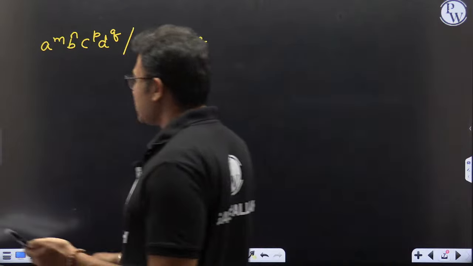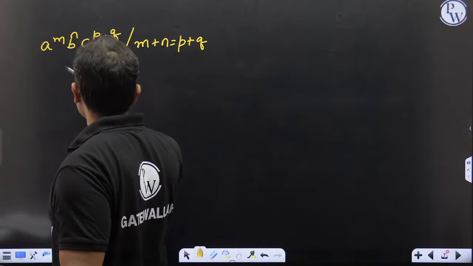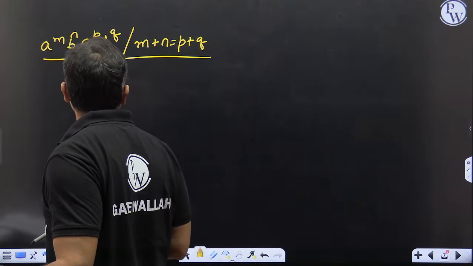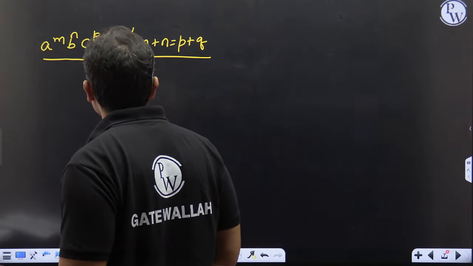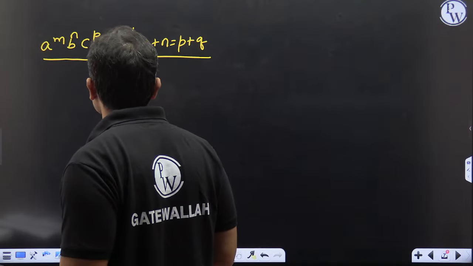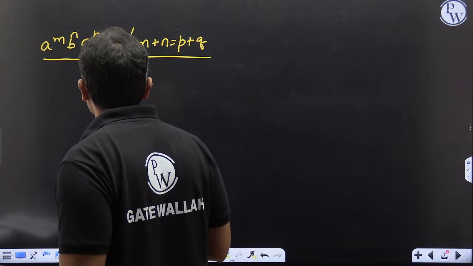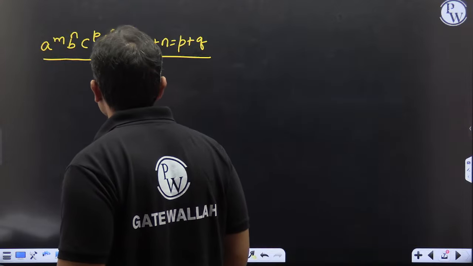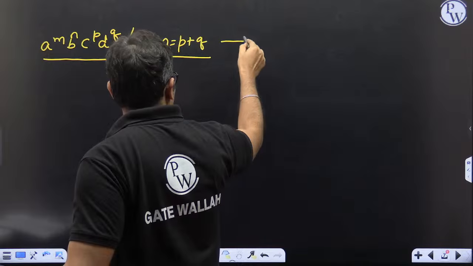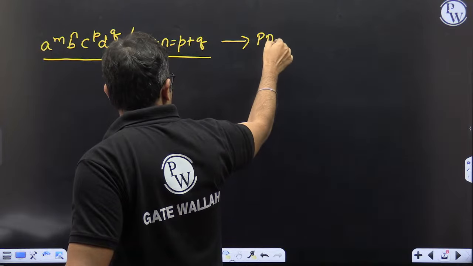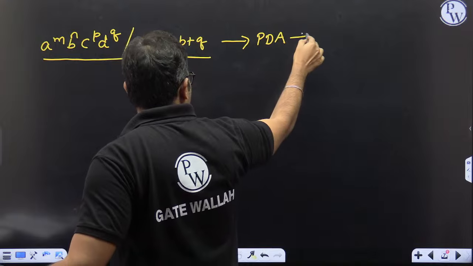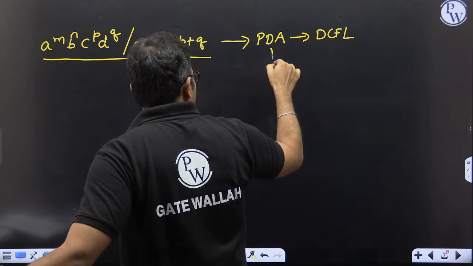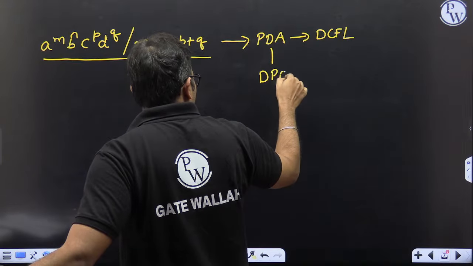Writing context-free grammar for this language is very difficult. But if you use the PDA, pushdown automata, you will know that this is a deterministic context-free language because a deterministic pushdown automaton can accept it.